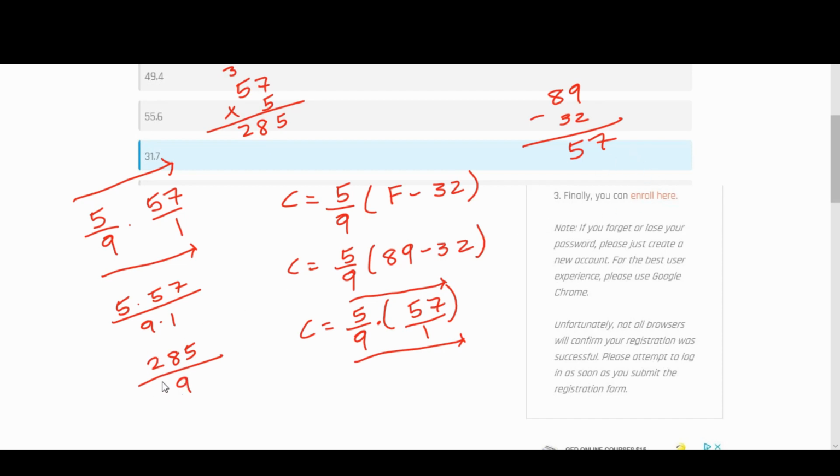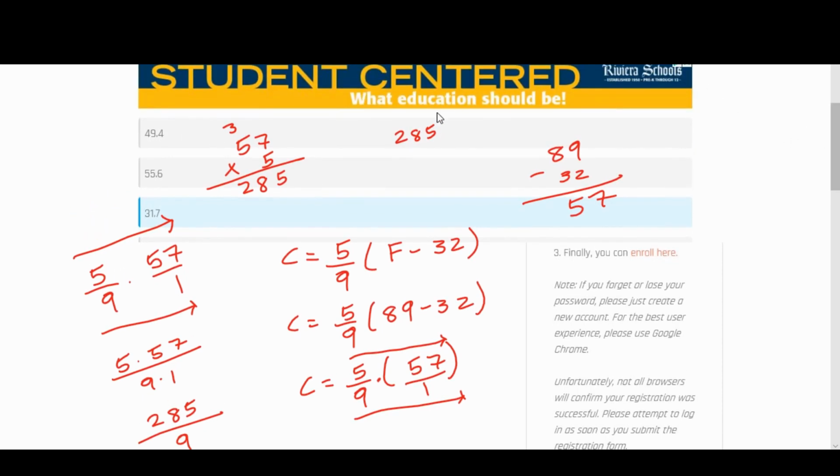Again, this is long division. 9 goes into 28 3 times without going over. 9 times 3, of course, is 27. And again, right away, we can already see what the answer is going to start with, 3. This starts with 4. This starts with 5. So we know those aren't viable answer choices.